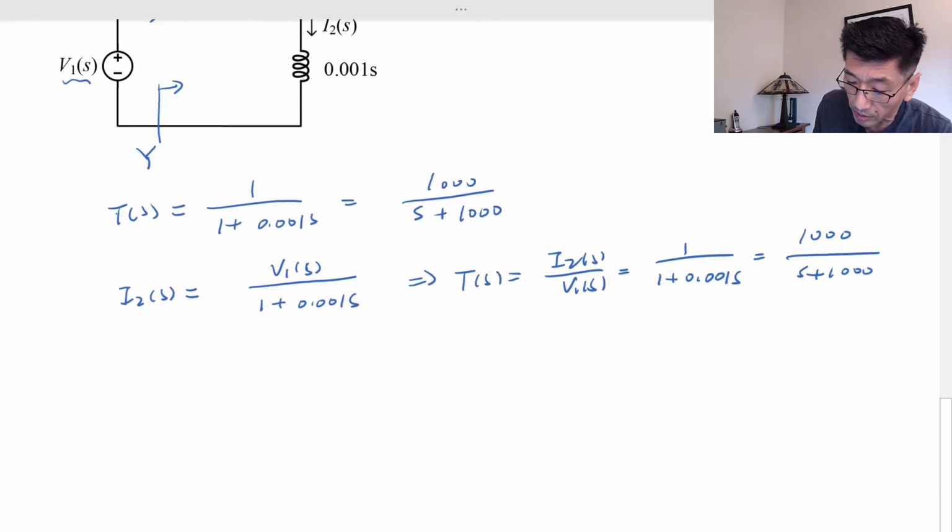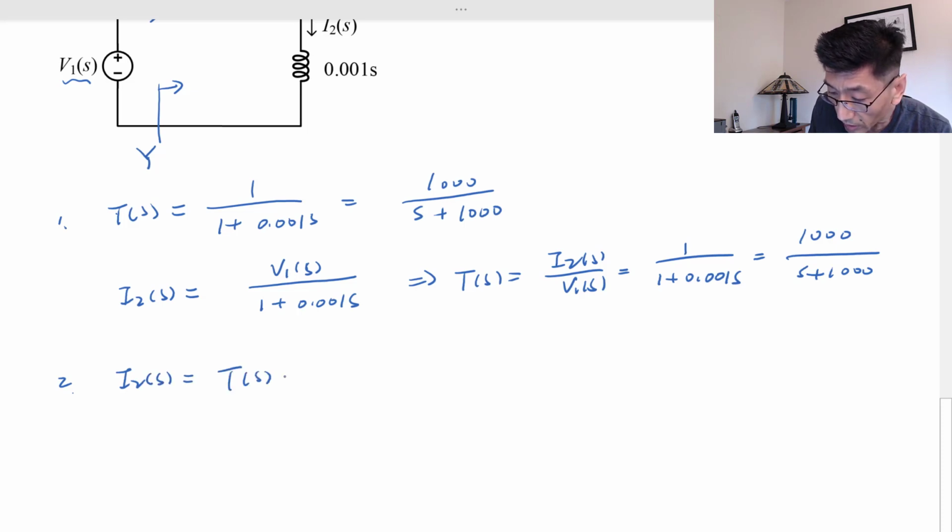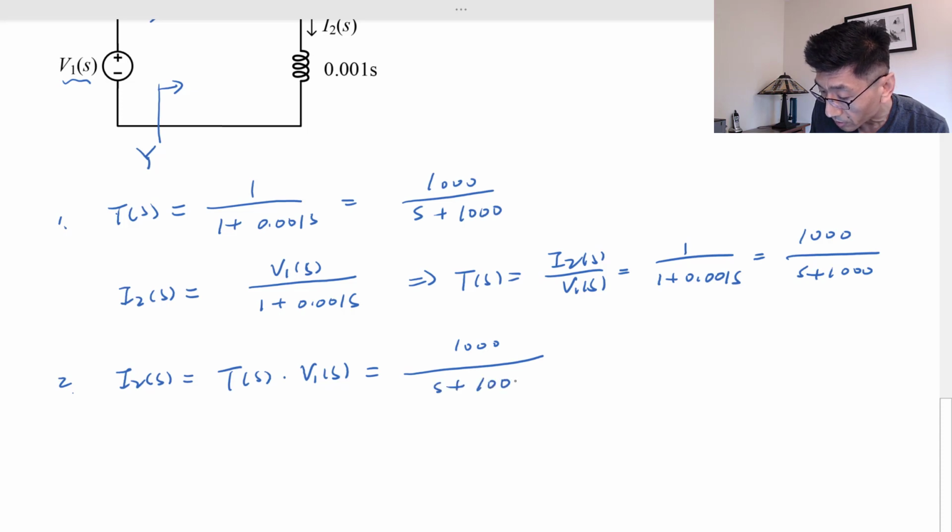Also, once we find the network function, if we know the input, we can find the response. The second question is asking us to find I2, which is equal to T(s) times V1, right? V1 is known. So here we have 1000 over s plus 1000, and V1 is 5 over s, right?